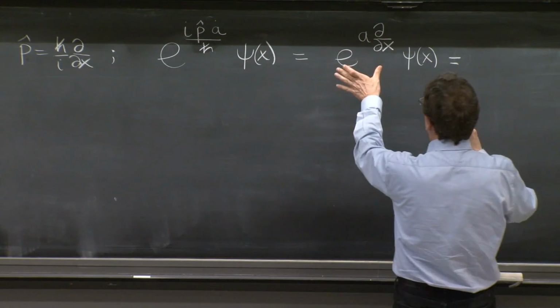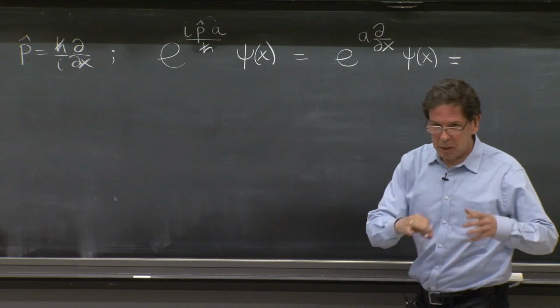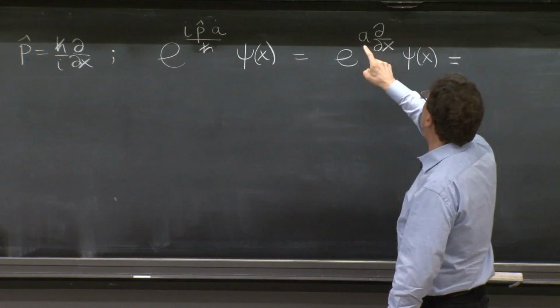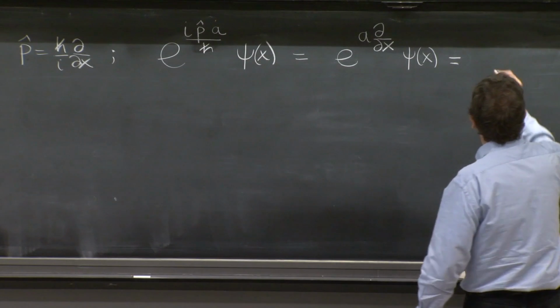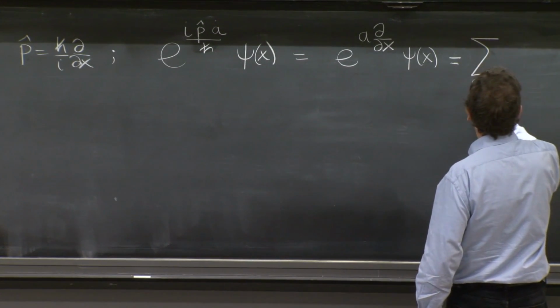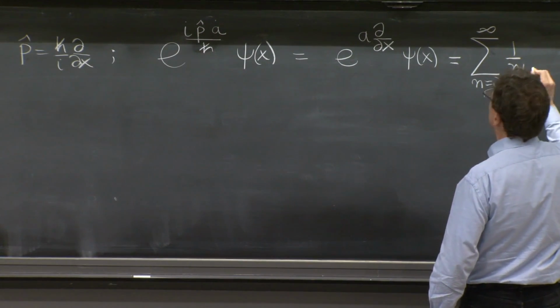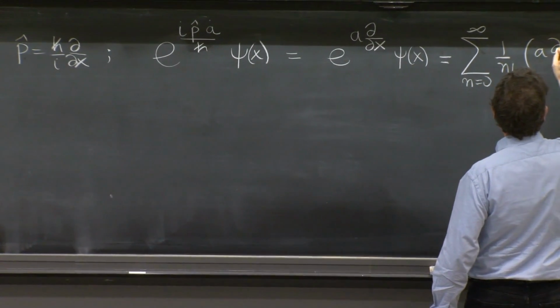And as an exponential, it can be expanded in a Taylor series, the sum from n equals 0 to infinity, 1 over n factorial, a d/dx to the n, psi of x.